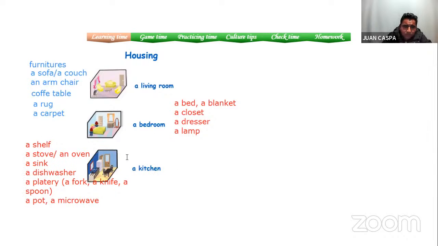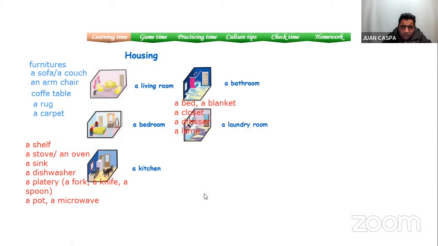Okay, some vocabulary, I think, because we are in vocabulary and we are trying to practice things about vocabulary. So then we will have a bathroom, right? Then after the bathroom, we're gonna have a laundry room, right? You have the washing machine.